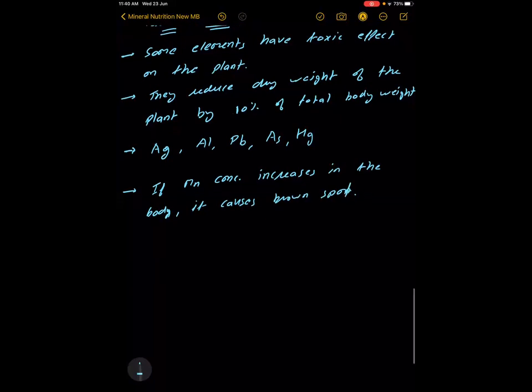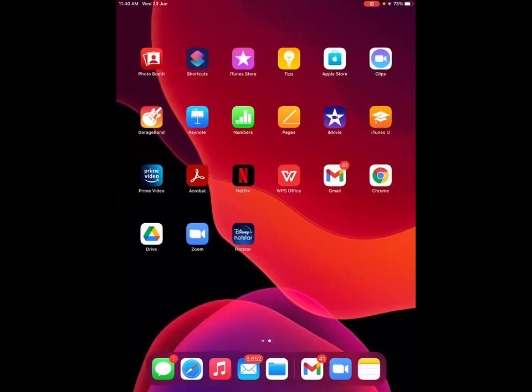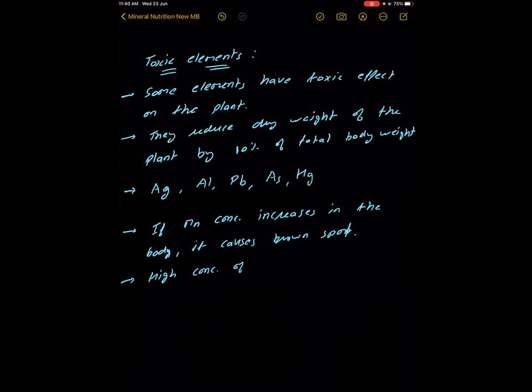Second, high concentration of manganese reduces absorption of iron, magnesium, and calcium.